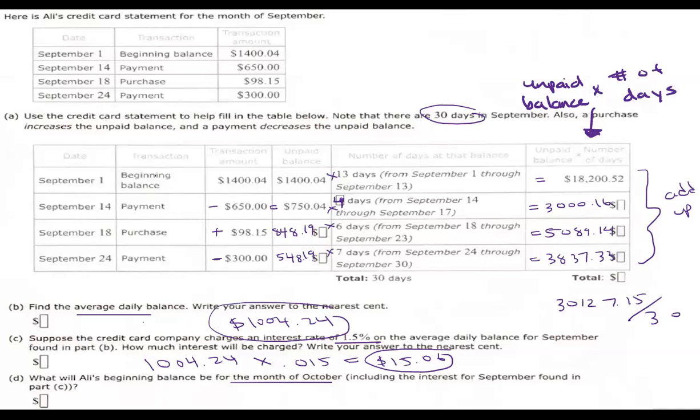All we have to do is take her ending balance for the 30 days, which was 548.19, and add the interest charged of $15.06. We just add those together and we get $563.25.